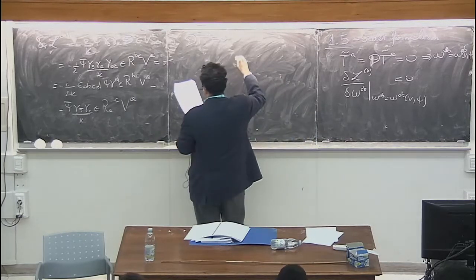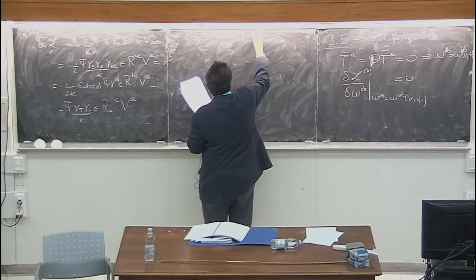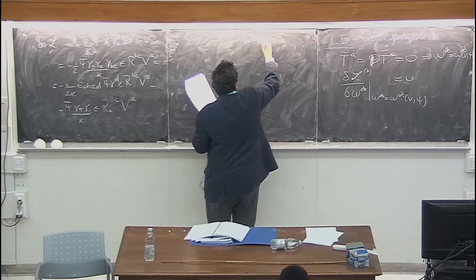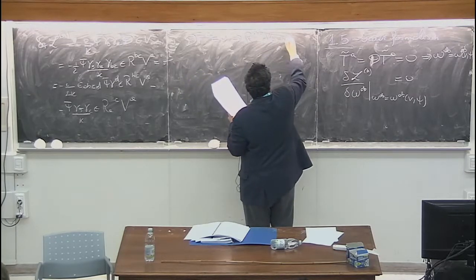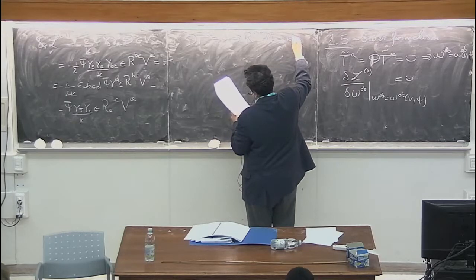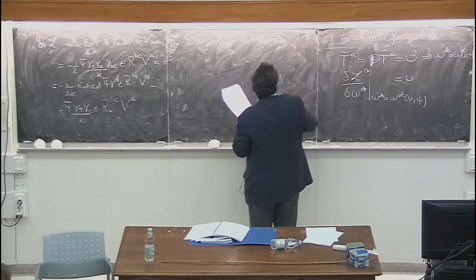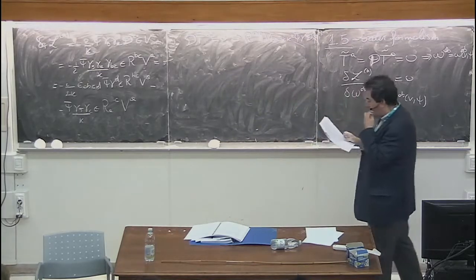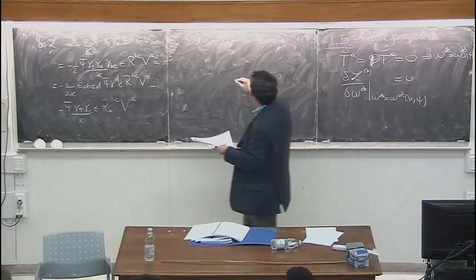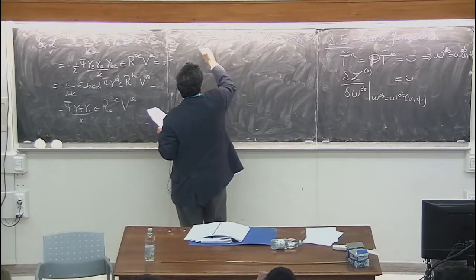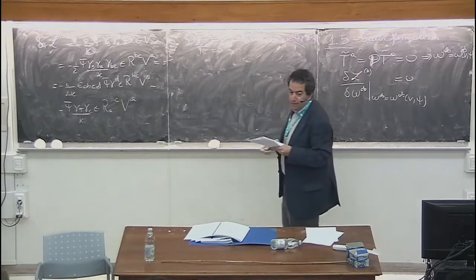This implies that RAB wedge VB equals i kappa squared psi bar gamma A d psi. This is the super torsion equation, where we have set TA equals 0, and dTA equals 0.